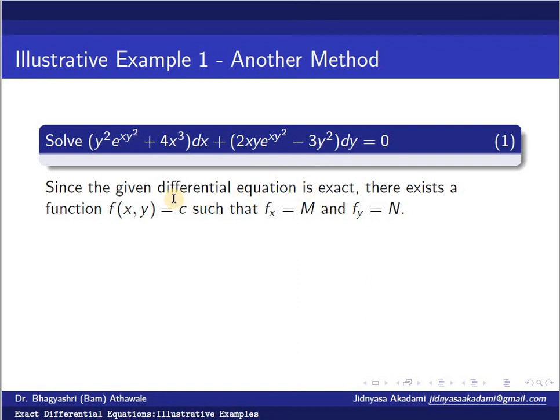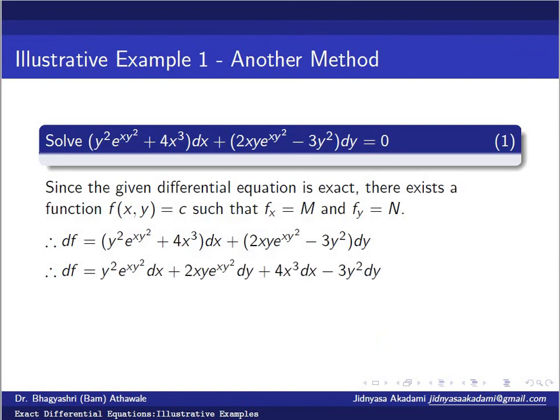Therefore, there exists a function such that ∂f/∂x is M and ∂f/∂y is N. So my M dx plus N dy, or the given equation, is nothing but ∂f/∂x into dx plus ∂f/∂y into dy equal to 0, which is nothing but the total derivative of function f. So my df should be this. Now I am grouping the terms accordingly.